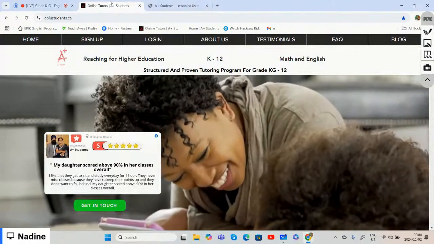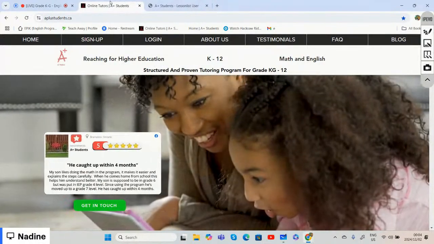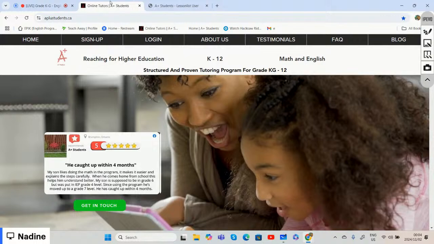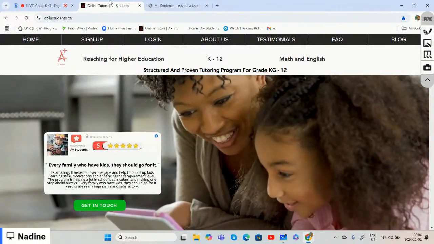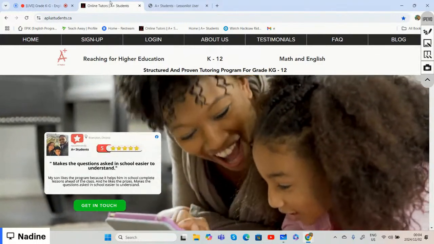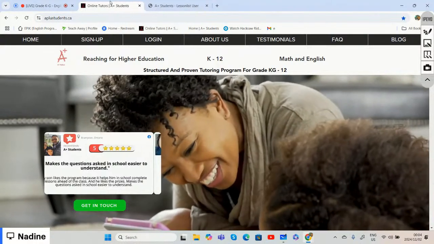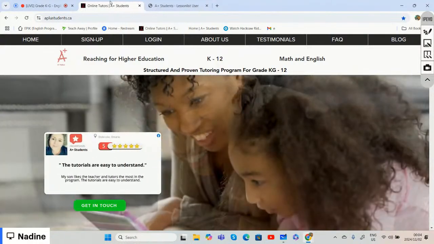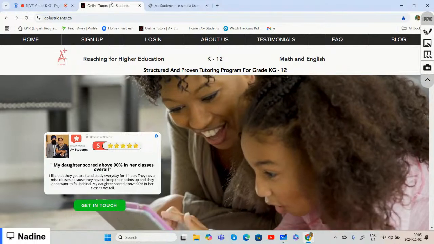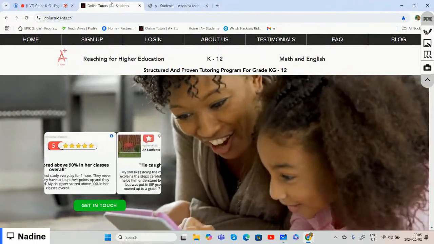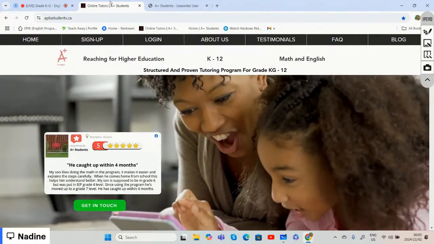We're doing grade kindergarten to two, and then we're going to scroll down until we get to our chapter of abbreviations.